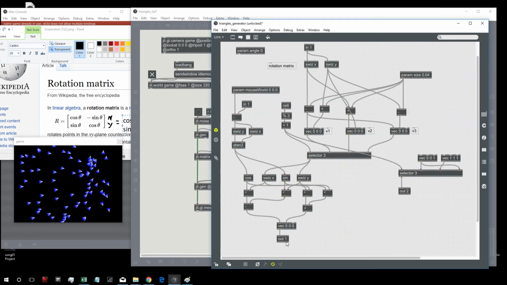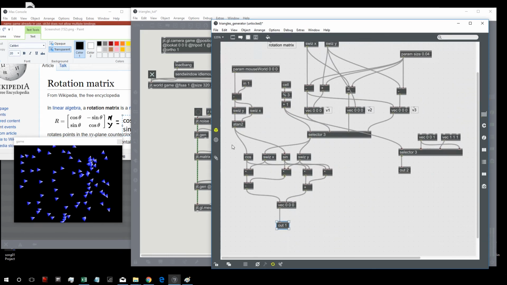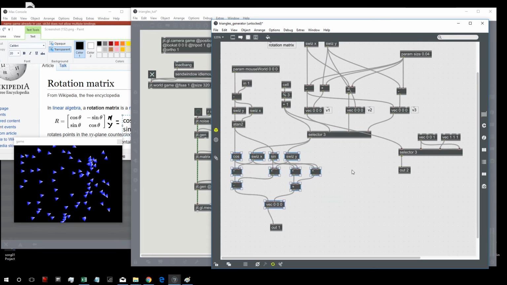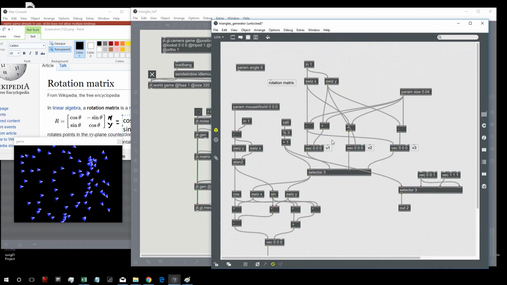In order to rotate them around the center, we need to first calculate the center of this triangle, subtract the center from the position of our triangle, and then sum this center back again after we do the rotation. You may think the center of our triangle is our input 1, but this is not true, because this is just the point from which we started constructing our triangle. It's not really the center.